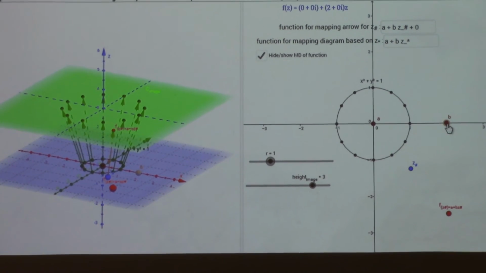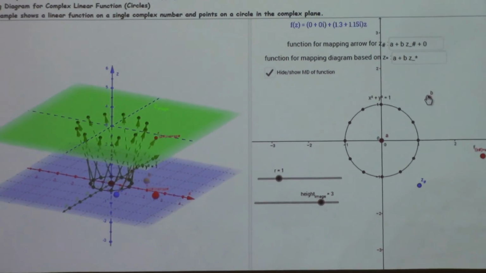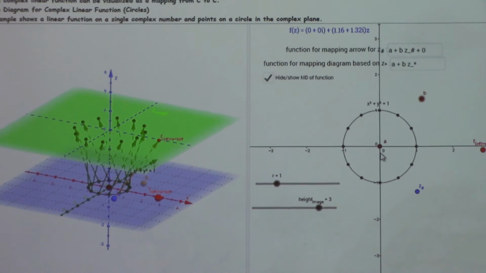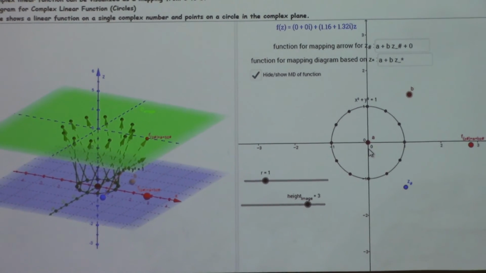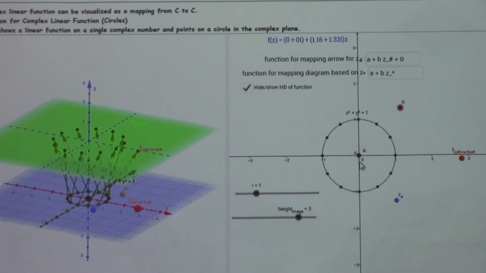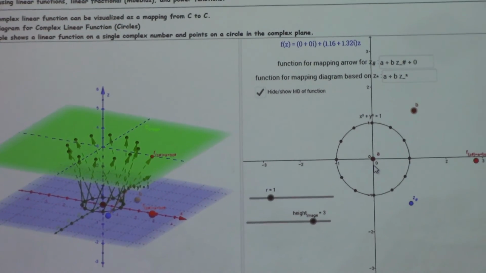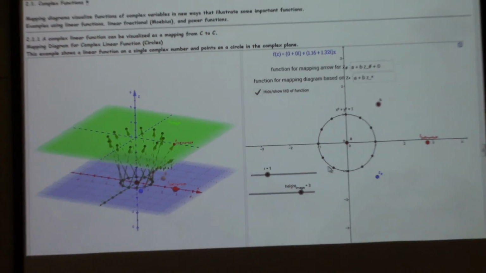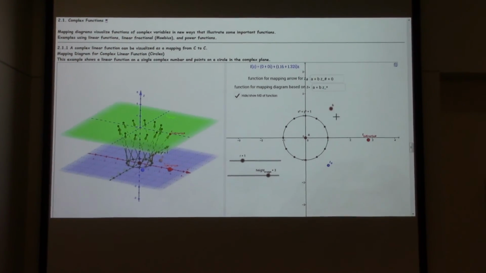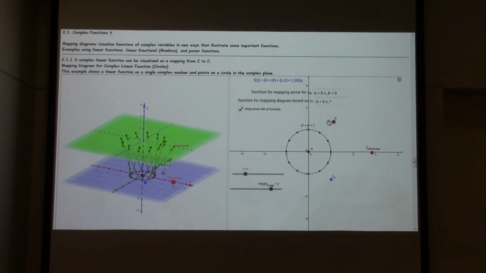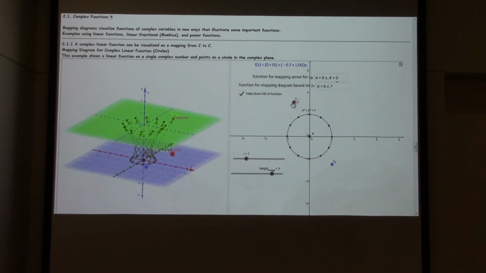But if I change the b over here, then it turns out that multiplication by a constant, where the constant is a complex number, involves not only the magnification, it also involves some kind of rotation. You can see that rotation quite clearly in the mapping diagram here, that as I move b, I increase the rotation.